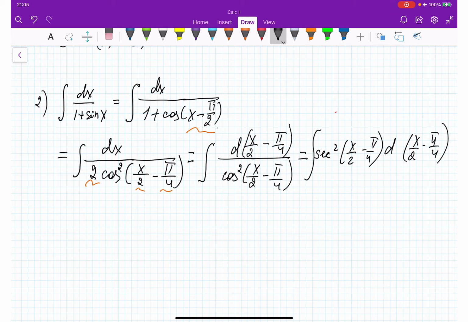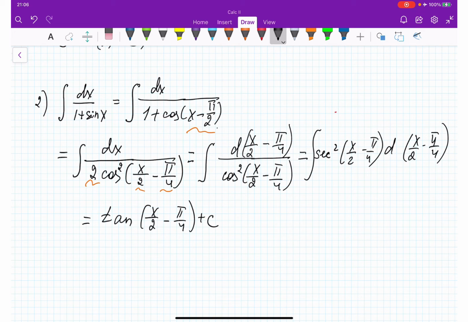And this is going to be equal to the integral of secant squared, which is tangent of (x by half minus pi over 4) plus c.